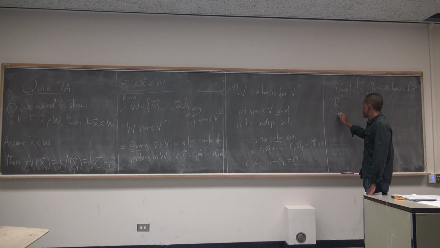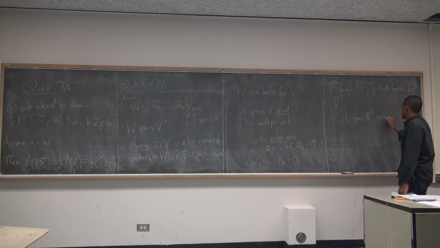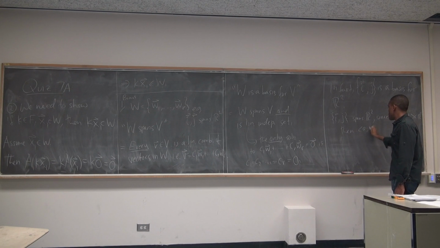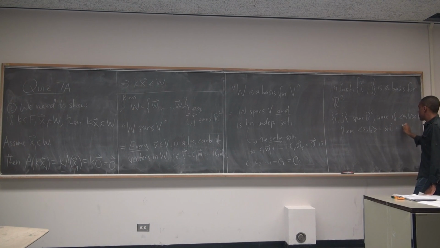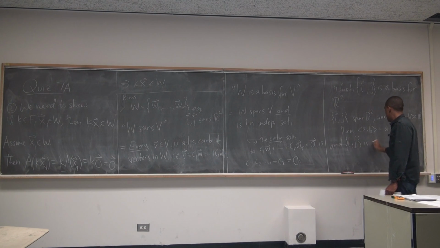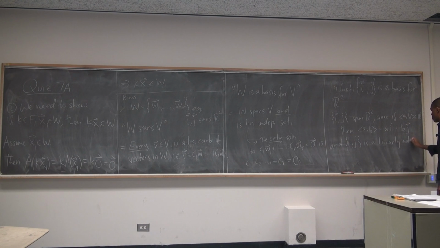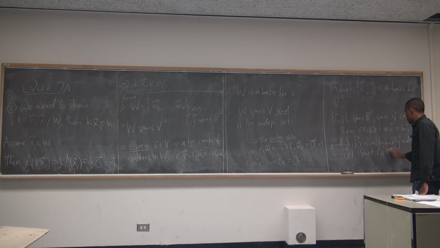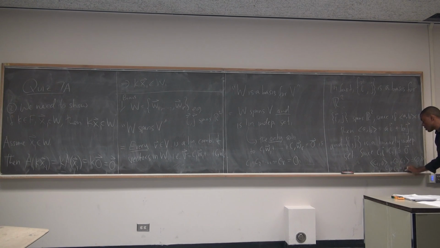Because IJ spans R2, since if A,B is in R2, then I can write A,B as a linear combination of I and J. And IJ is a linearly independent set, since if I set up this equation C1I plus C2J equals the zero vector, that would mean C1,0 plus 0,C2 equals 0,0. So C1 must be equal to 0 and C2 must be equal to 0.